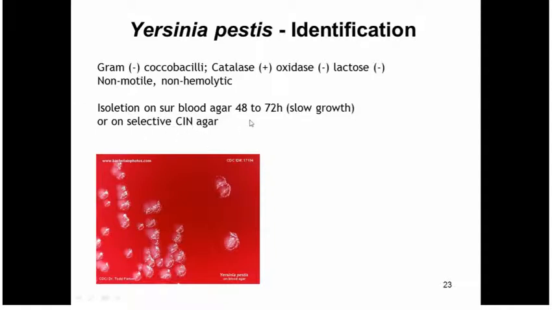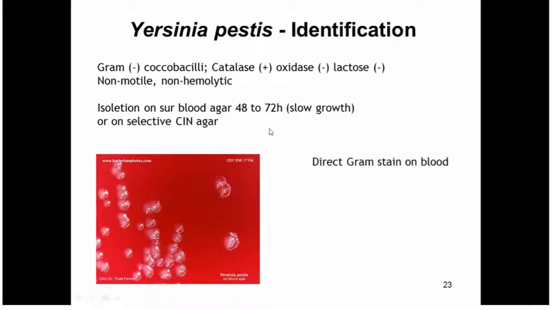But the problem is, this takes 48 to 72 hours. If you've got a suspicion of bubonic plague, you can't wait 3 days before you start the antibiotic treatment. The guy's going to be dead. Right? So this is not very useful for rapid diagnosis.